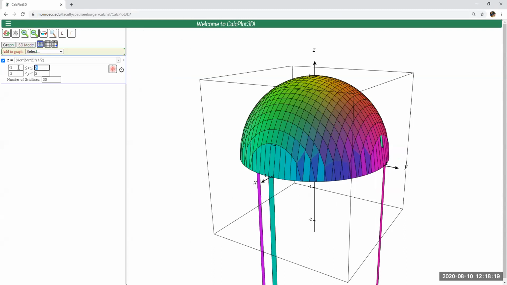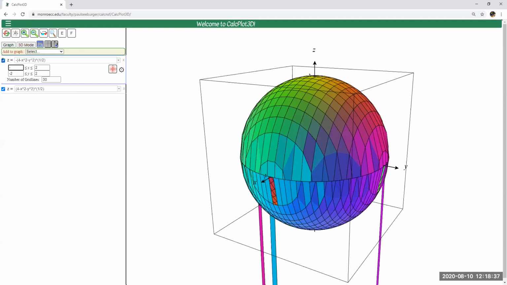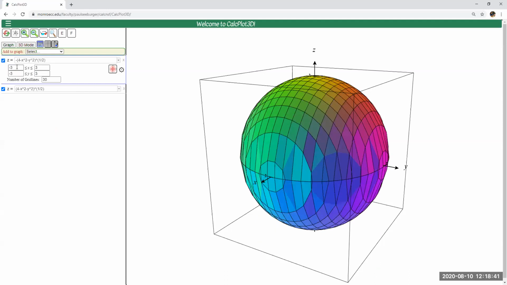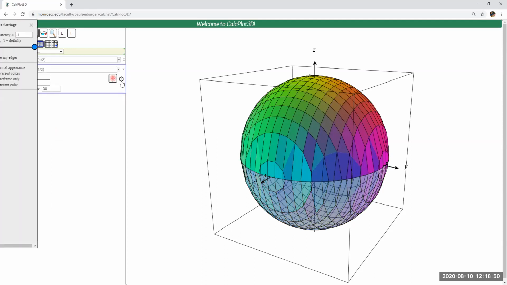Maybe if I change the bounds, it would work better. And then I have the minus of that thing. So this is our sphere. Maybe I will reduce the transparency a little bit.